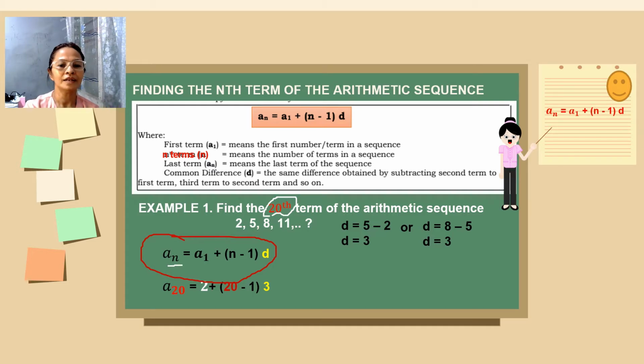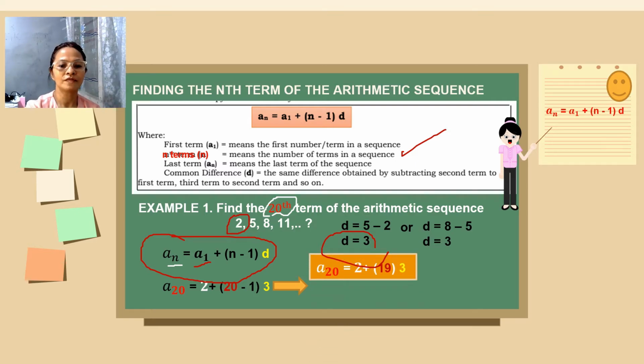Again, n means the number of terms in the sequence. A sub 1, or the first term, will be 2, plus n, again our n is 20, minus 1, and d is the common difference, which is 3.